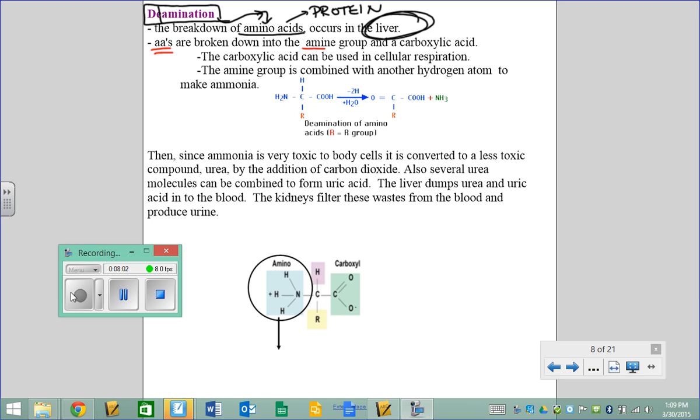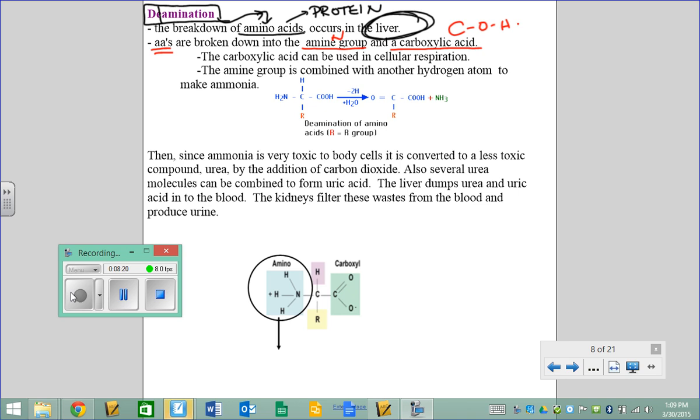One side of the amino acid is the amine group. It has nitrogen in it. The other side of the amino acid has some C's and O and H in it. That's the carboxylic acid side.